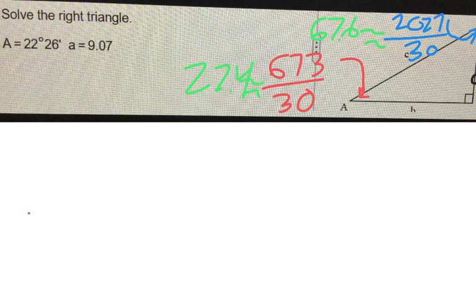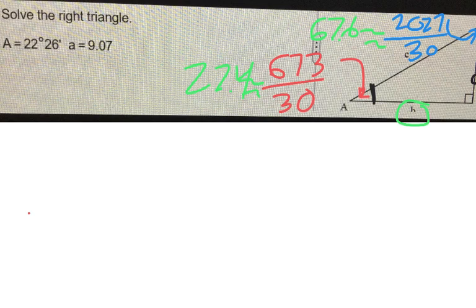So now we need to find side lengths B and C. So I would find B here. This is the angle that was given to me. So that's the one I'm going to use. It doesn't really matter which angle you use, but just in case we calculated angle B incorrectly, I'm going to use angle A as like a safety net.